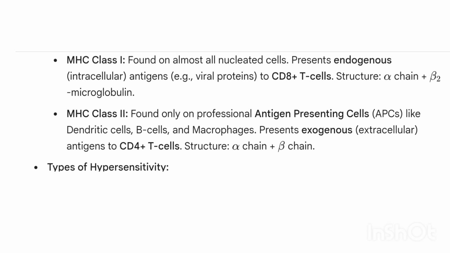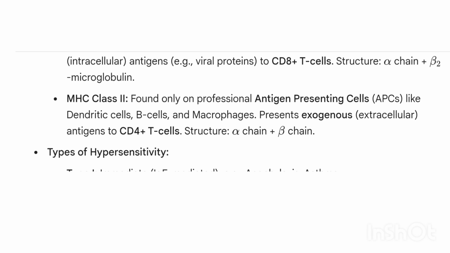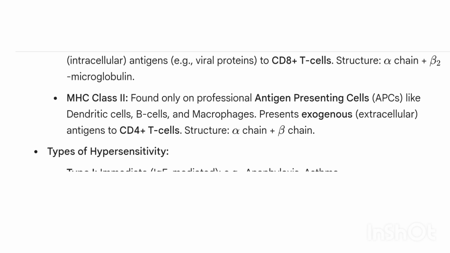The difference is MHC class 1 presents endogenous antigens, but class 2 presents exogenous, that is extracellular antigens, to CD4 plus bearing T cells, that is the TH cells. Its structure includes an alpha chain plus a beta chain.